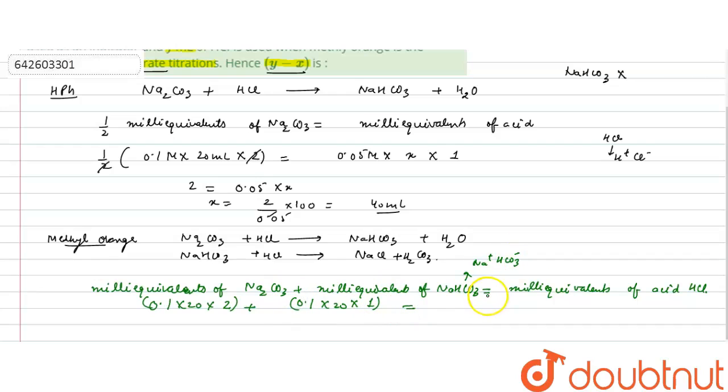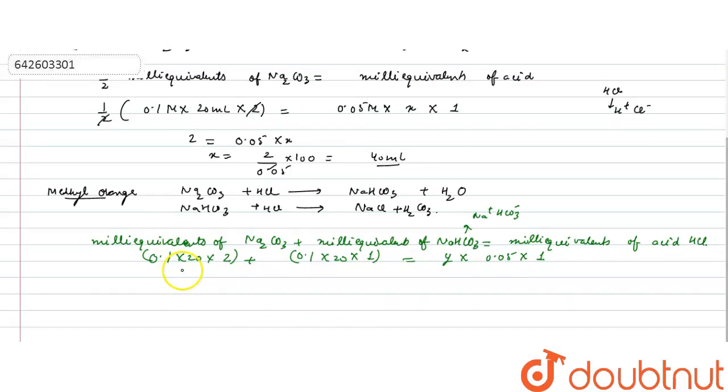Now for milli equivalents of acid, in case of methyl orange, it is given that Y ml of acid is used and its concentration is 0.05, and the N factor we have written above is 1. So for this it will also be 1. So from here it will be 4 plus 2 equals Y into 0.05.